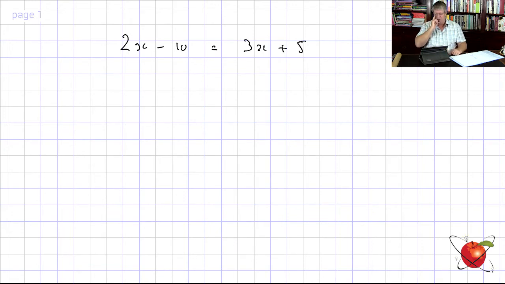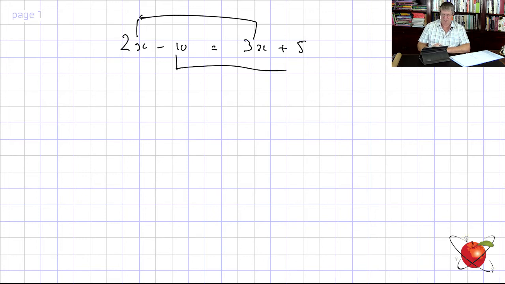But just to recap the rules, what did we do? If we had, for example, 2x minus 10 equal to 3x plus 5, what was the rule? The rule was x's to this side and constants to that side.